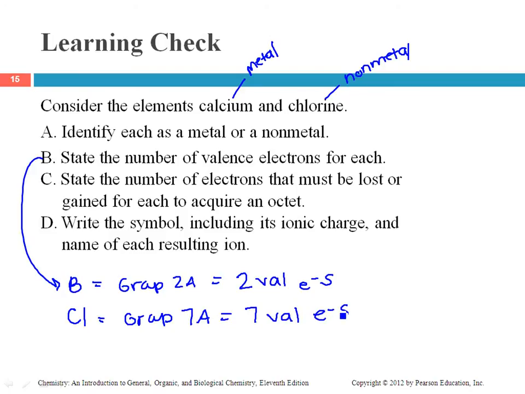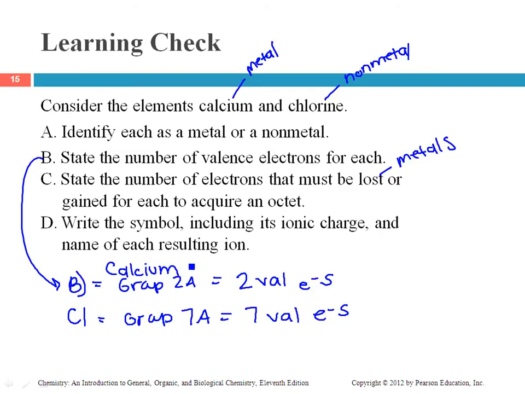Okay, part C, we want to state the number of electrons that must be lost or gained for each to acquire an octet. First you want to think about which one's going to lose and which one's going to gain. We know that metals lose electrons. So let's write out calcium.